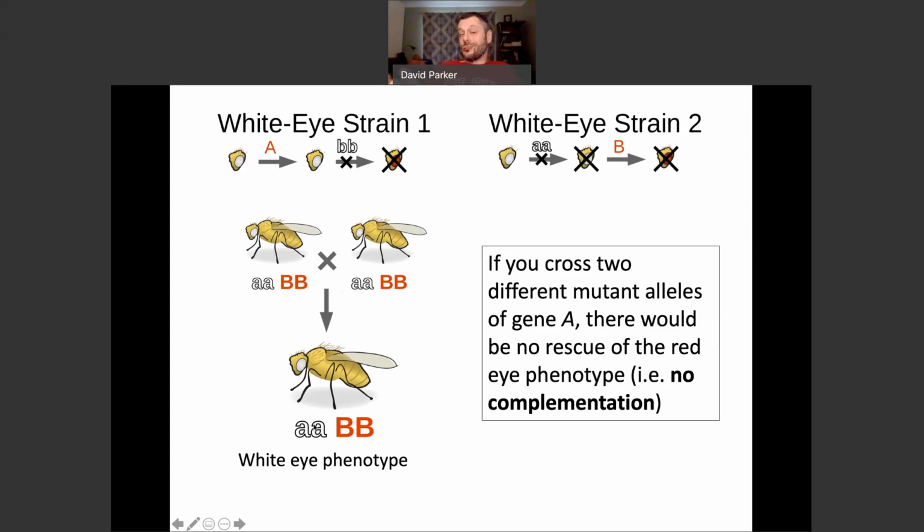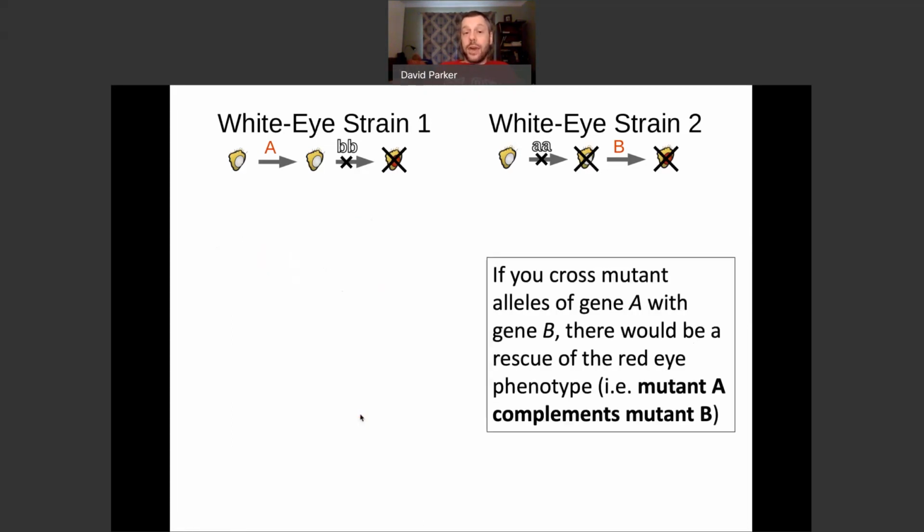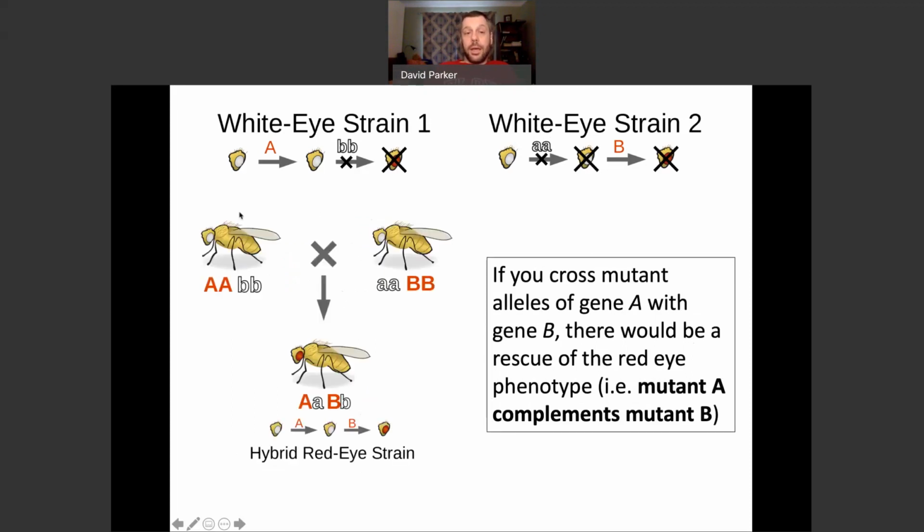It stays white. But if I cross this guy, strain 1, with this guy, strain 2, and we make a fly here, this fly is going to have red eyes because the wild type version of A from this strain has rescued the mutant A from this strain, giving us a functional first step in this path.